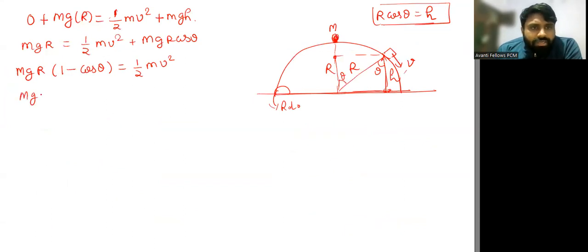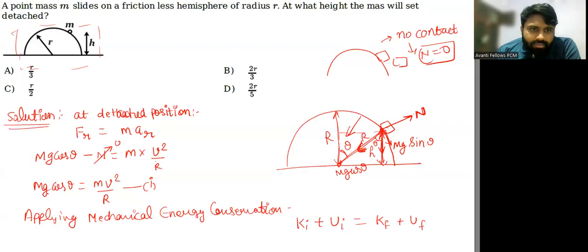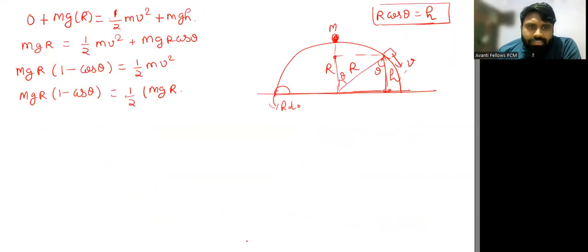Now mgr times 1 minus cos theta is equal to 1 by 2 times mgr cos theta.